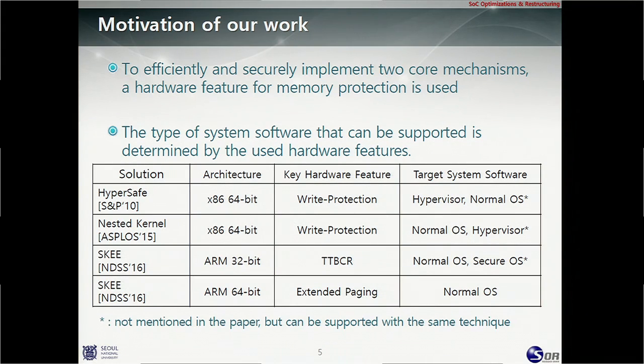For example, on x86 64-bit architectures, Nested Kernel and HyperSafe, using the write protection feature, can support both hypervisors and normal OSs. On the other hand, on ARM's 64-bit architectures, KEN, using the extended paging, can support only limited types of system software, namely normal OSs.